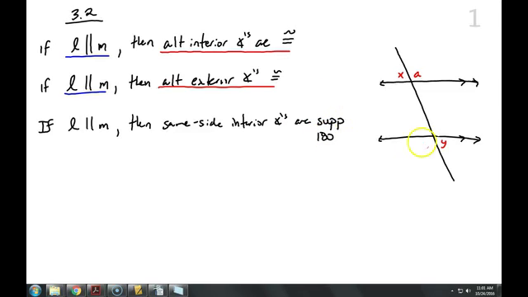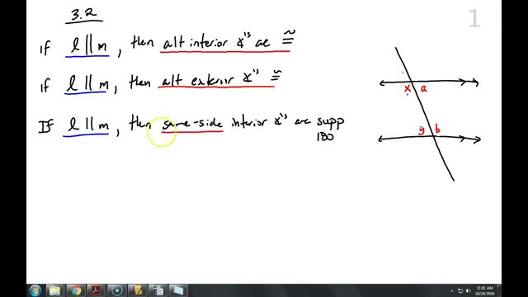So going over here to my diagram and readjusting, that would mean that X plus Y, they're not equal. X is an obtuse angle, Y is an acute angle, but they do add up to 180 degrees. Same thing with A and B. All right, so that was 3.2.